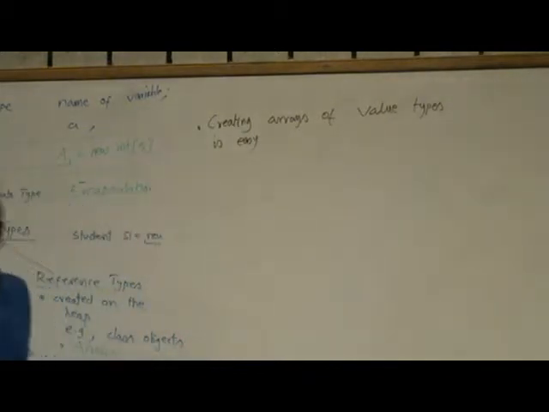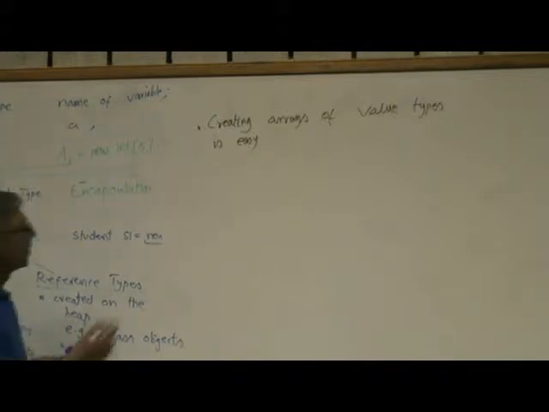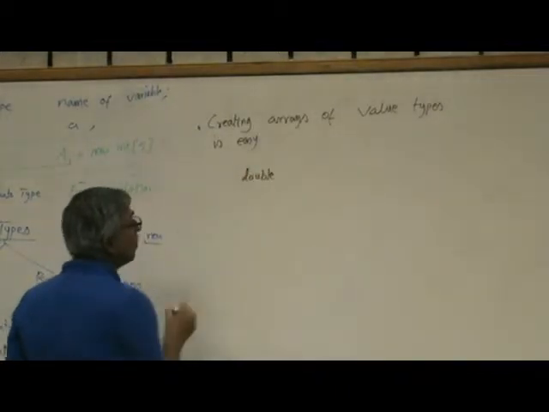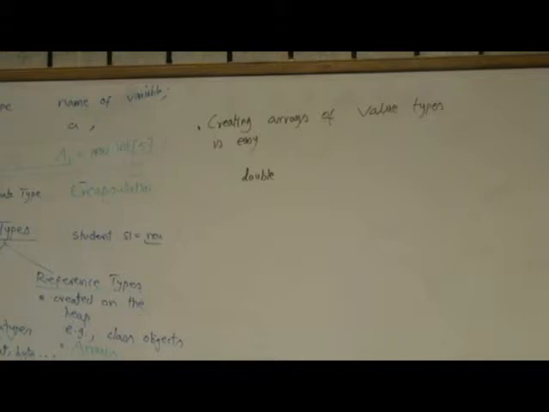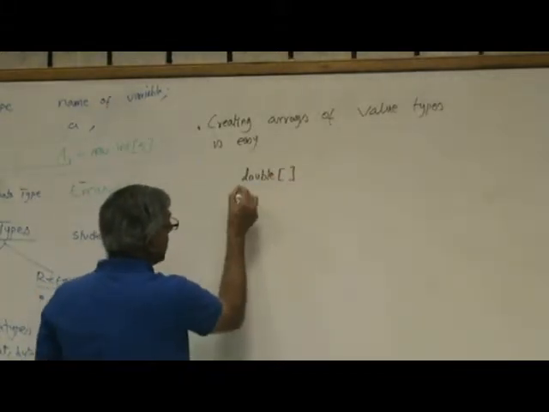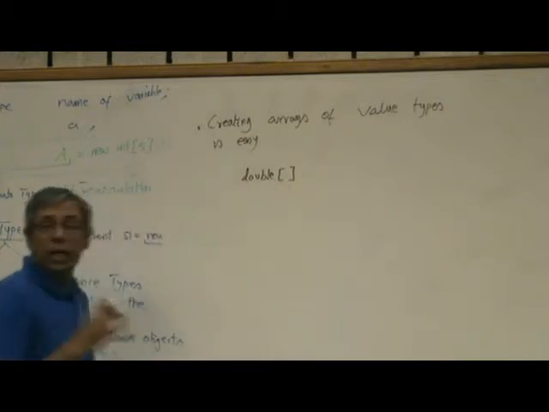For example, what if somebody said create an array of 100 items for storing double type of data? You can say double, and remember after the name of the variable, if you wanted an array, what will you do? Empty square brackets. Together this is an array.